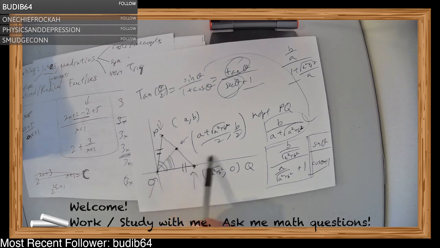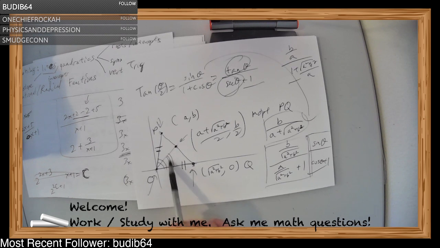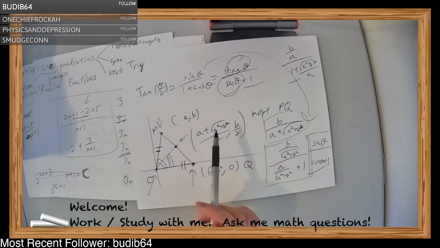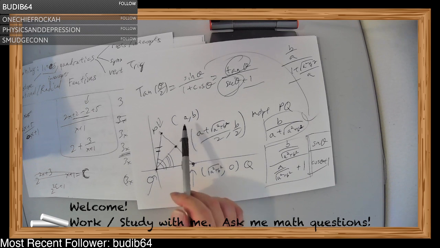So this point here has this quote-unquote coordinate slash address, and we can use that to find the tangent of this smaller angle and then convert parts of it into tangents, cosines and sines of the original angle. There you go. That is the proof in a nutshell.